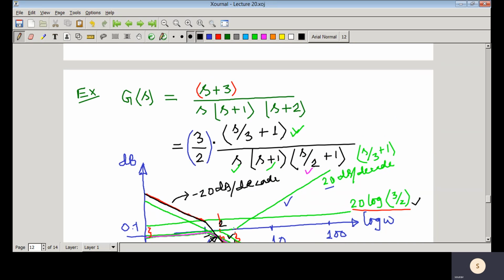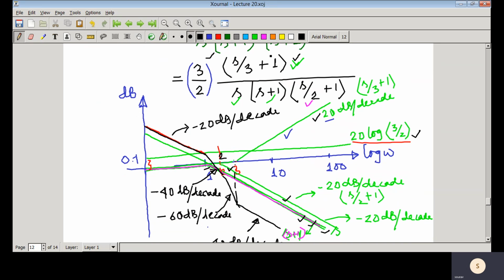So this is the gain for this one, and for the first factor in the numerator we have this one. What we have done is, for each factor we have drawn separately, then we have added them, and the slope is very clear because if you first locate those corner frequencies and add those things, accordingly you can find what the slopes would be. So here that would be -40 dB per decade up to 2, and from 2 to 3 it would be -60 dB per decade.